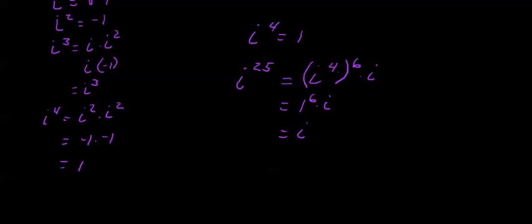Well, the way I did this, since I know that i to the 25th is i times i times i 25 times, and every 4 of those i's multiplied together gives me 1, all I did was take 25 divided by 4, and I get 6 remainder 1.